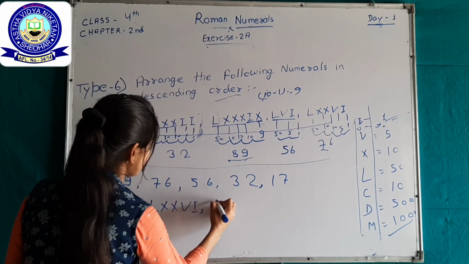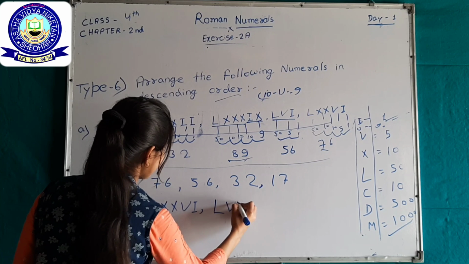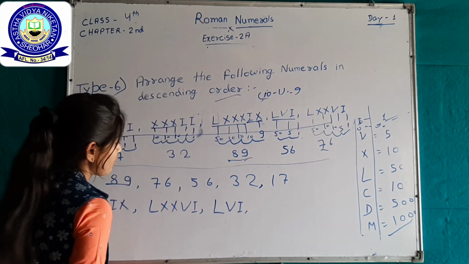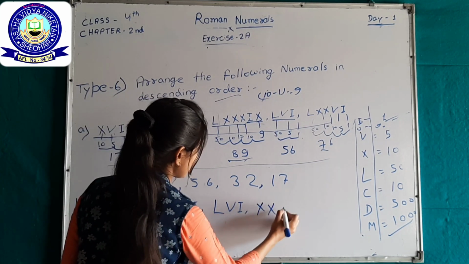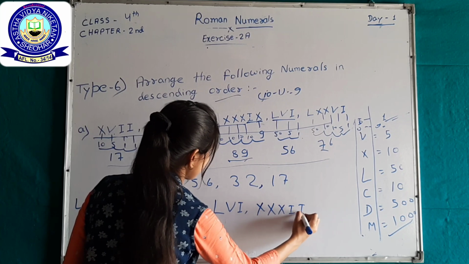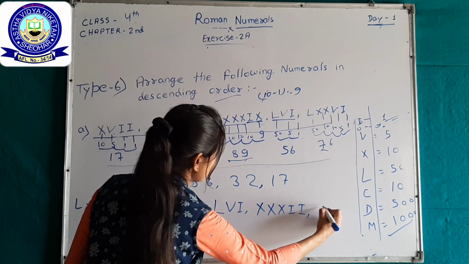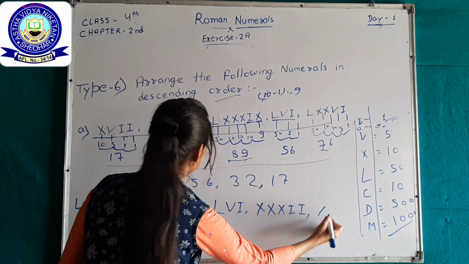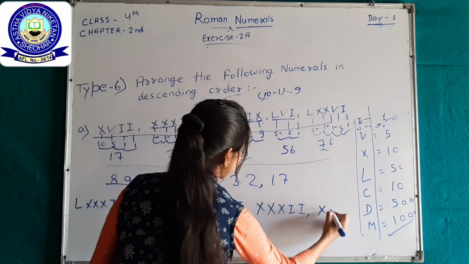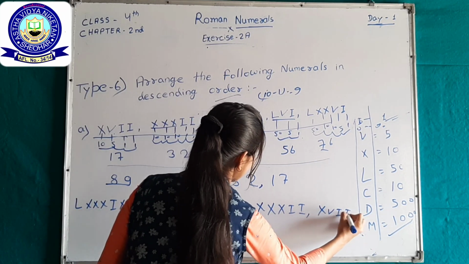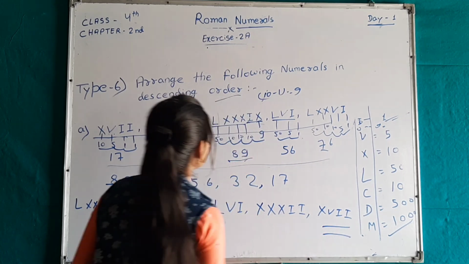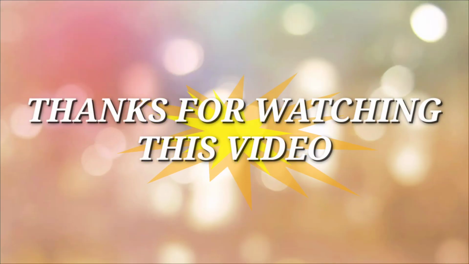The value of 56 is LVI. And the value of 32 is XXXII. And the value of 17 is XVII. This is all your exercise 2. Thanks for watching this video.